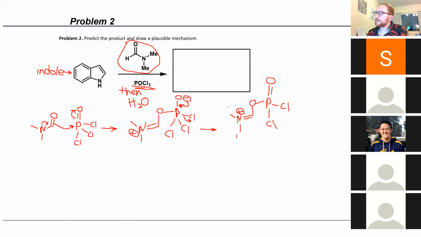So now that we've arrived at this species, the carbon shown here is quite electrophilic, and so the chloride that we just ejected can come back and act as a nucleophile to form a tetrahedral intermediate, and give some equilibrium arrows for forming tetrahedral intermediates if we want.